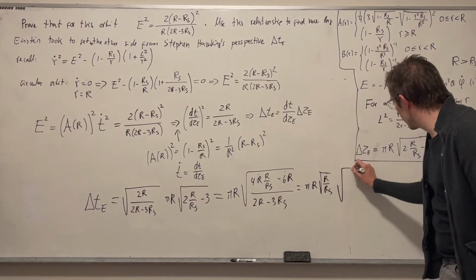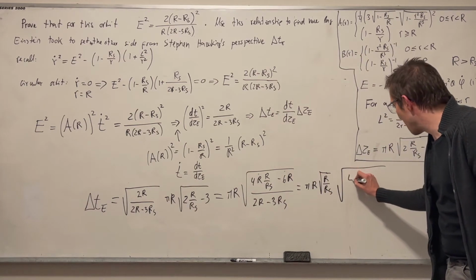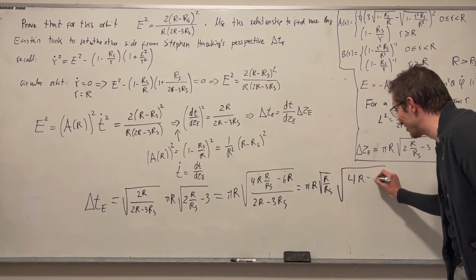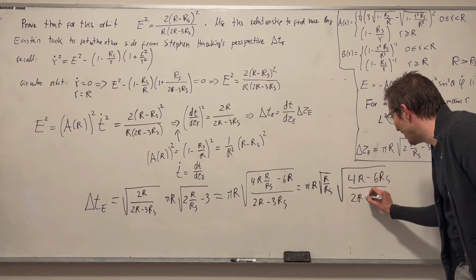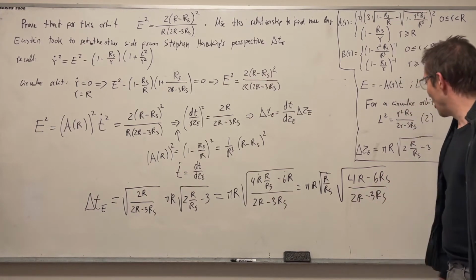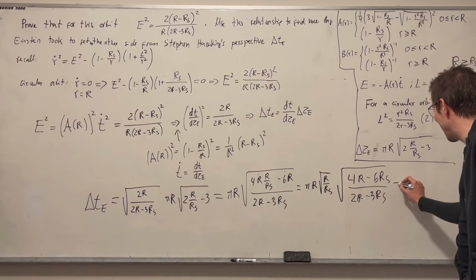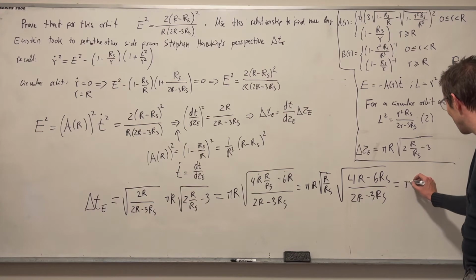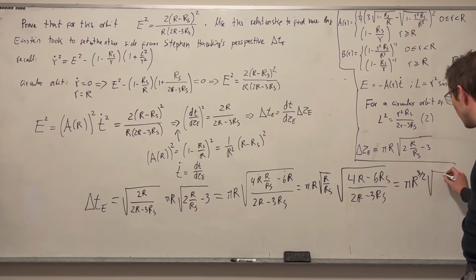Inside the square root, this goes and this is replaced with an rs, and look, magic. This is magic. Look, 6rs divided by 2r minus 3rs. Oh my goodness, this is a square root of 2. So what I get as a result in the end is π r to the 3/2 multiplied by the square root of 2 over the Schwarzschild radius.